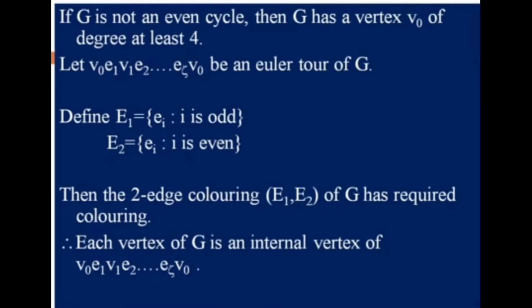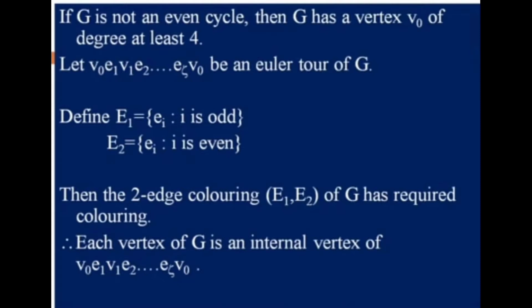Define the two sets: E1 is the set of edges Ei with i odd, and E2 is the set of edges Ei with i even. That is, the edge set in the Euler tour can be partitioned into E1 and E2.